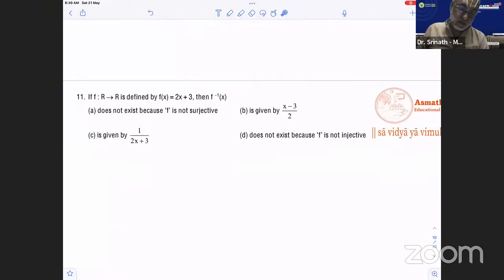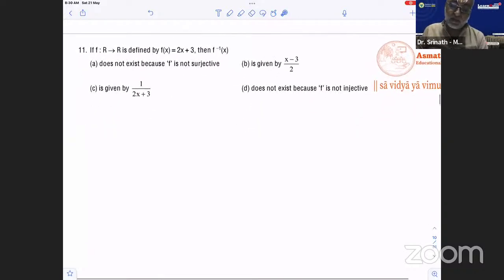F is a function from R to R defined by f(x) = 2x + 3. Find f inverse of x. This is a very, very simple problem. This is a board related problem, but still I just want to do it. Whenever you are finding the inverse function, let us take this 2x + 3 as equal to y.